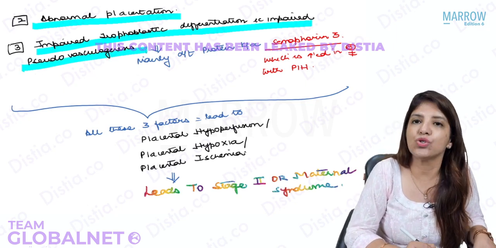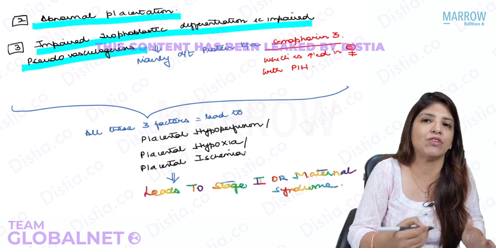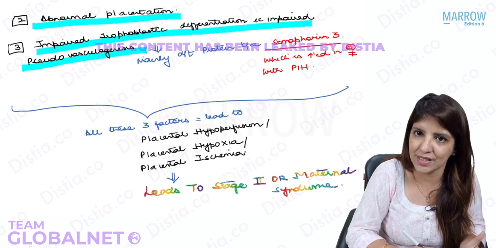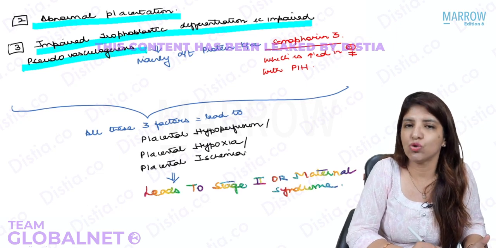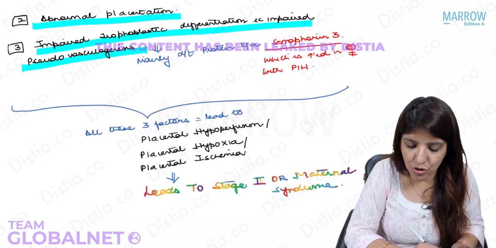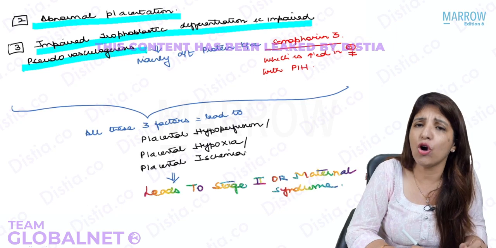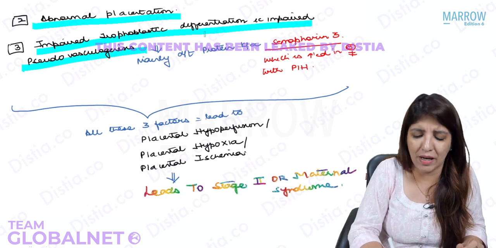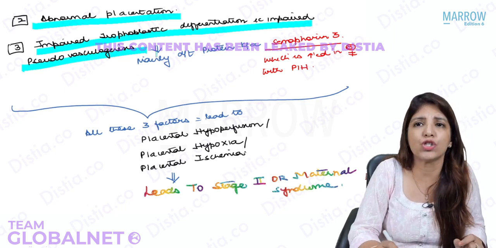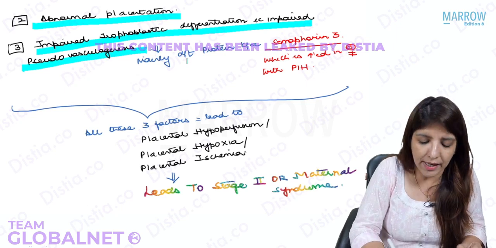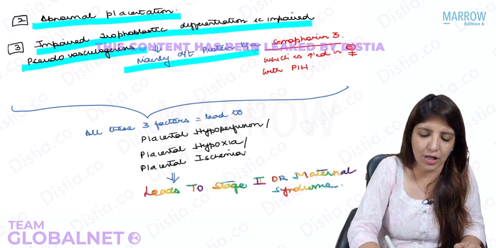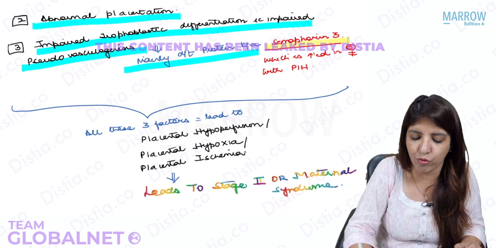As I told you, pseudovasculogenesis happens, but if there is impaired pseudovasculogenesis, then it can also lead to placental syndrome. Please remember, this abnormal trophoblastic differentiation, that is impaired pseudovasculogenesis, mainly happens due to a protein called semaphorin 3.